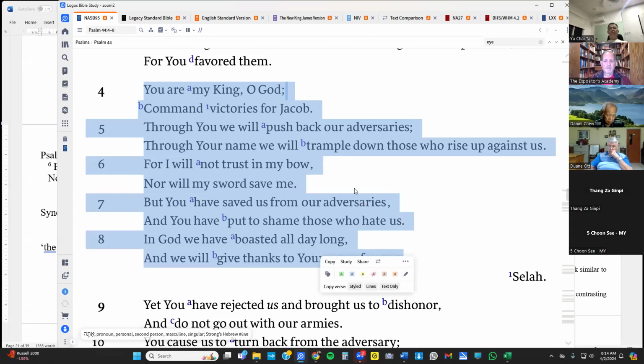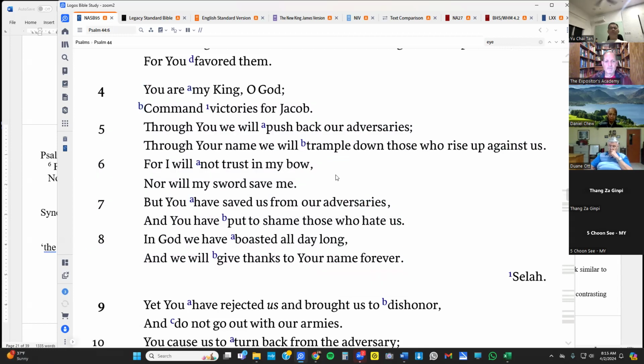So in the context, I'm not going to trust in my weapons or even my army, because he mentions you command victories for Jacob. So he's speaking of even the nation here, not just himself. But that was a little tough.